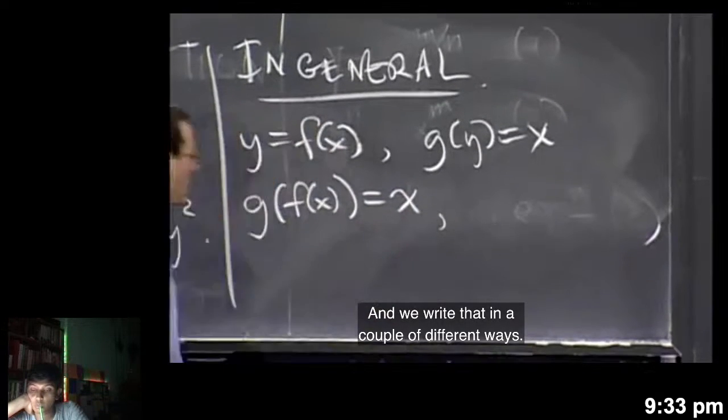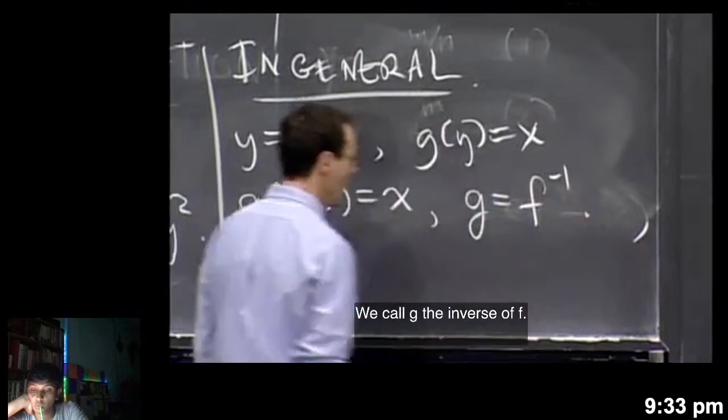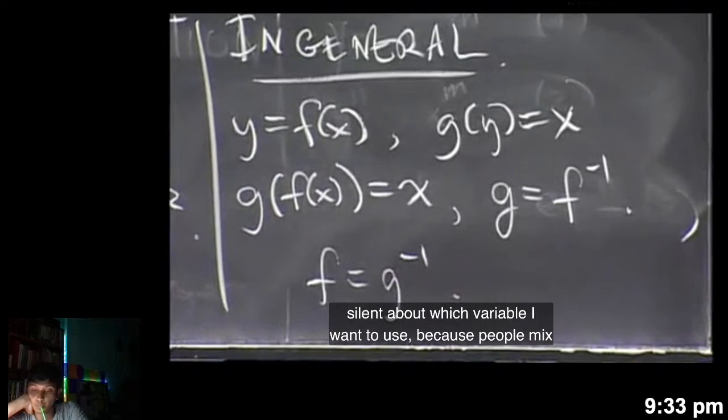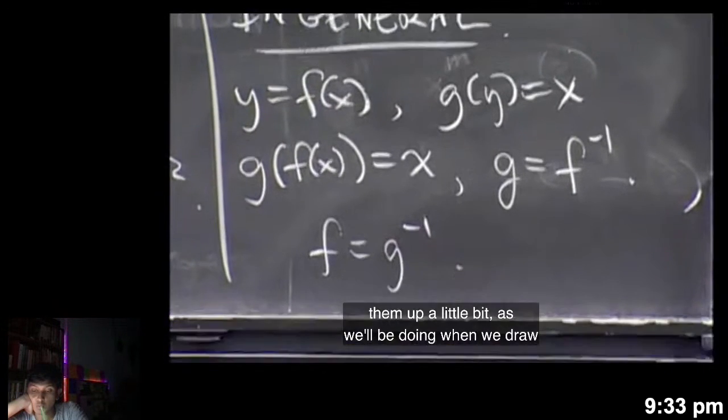And we write that in a couple of different ways. We call g the inverse of f, and also we call f the inverse of g. Although I'm going to be silent about which variable I use because people mix them up a little bit, as we'll be doing when we draw a few pictures of this.